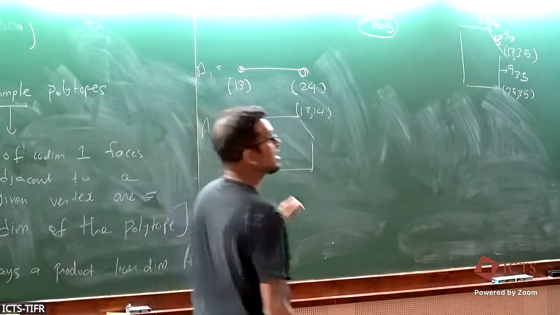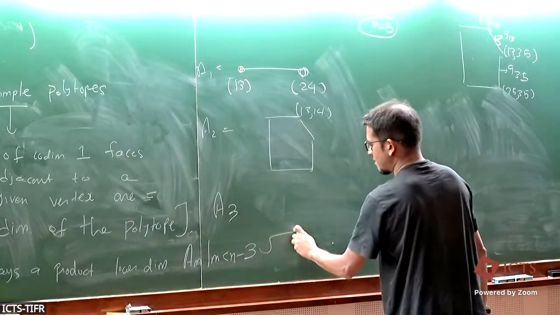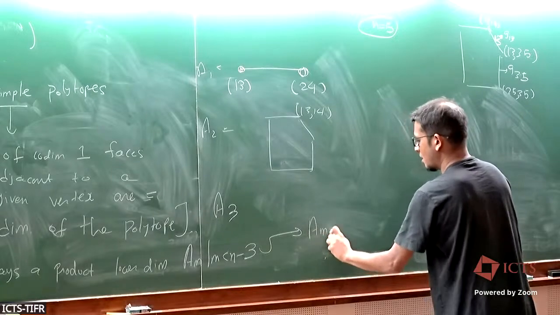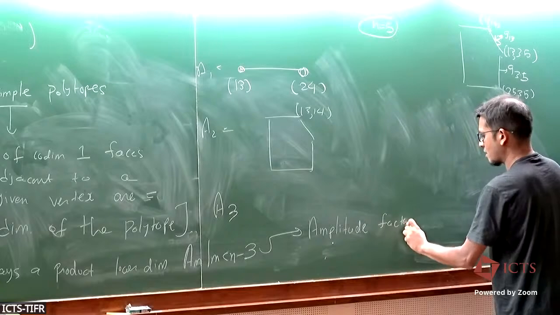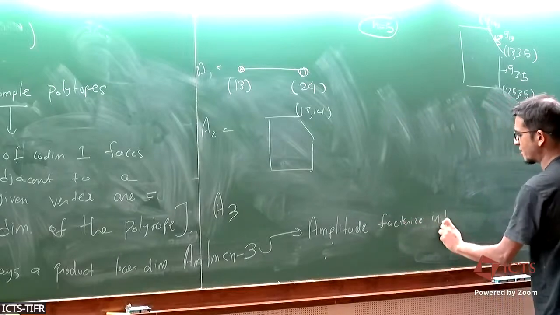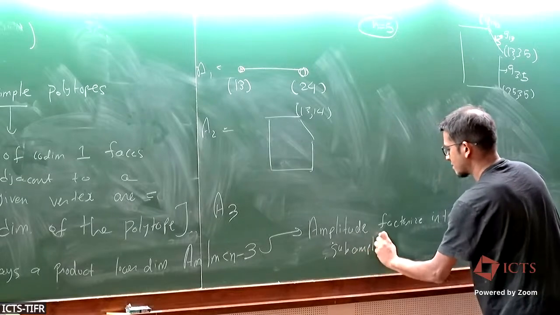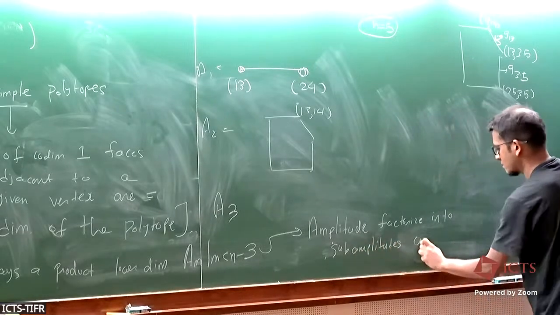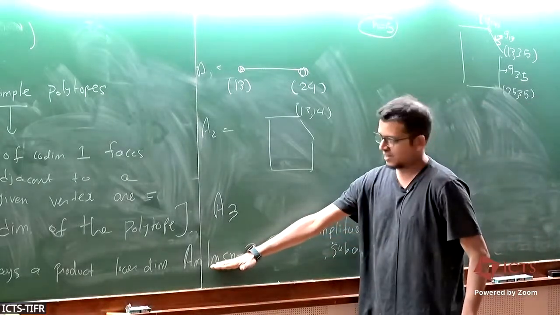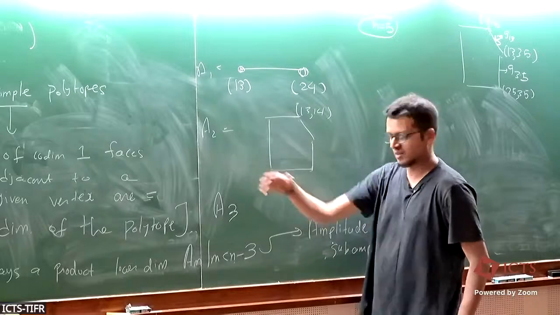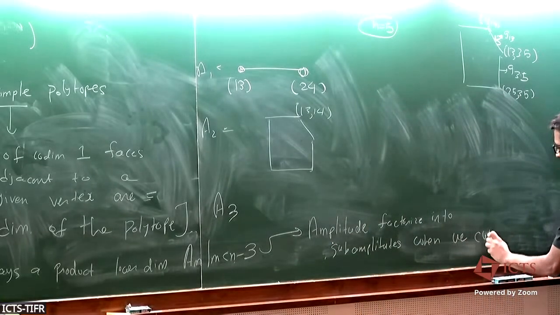And as we will see, I don't know if we will have time, this property is related to the fact that amplitudes factorize into sub-amplitudes when we take cuts. So I'm just saying that the reason I'm stating some properties is that they play a role in the end when these things give us S matrices when we cut propagators.